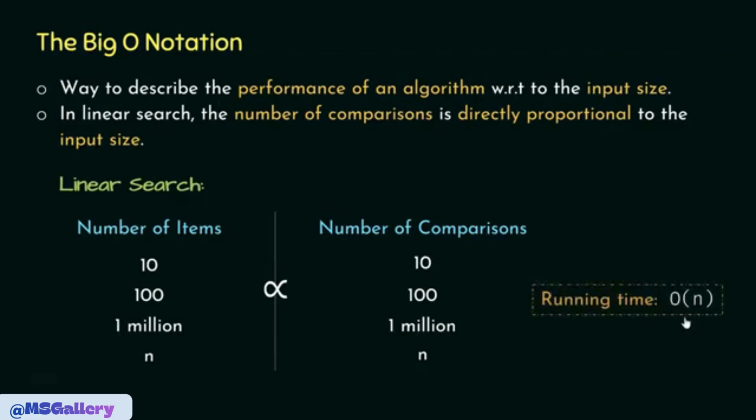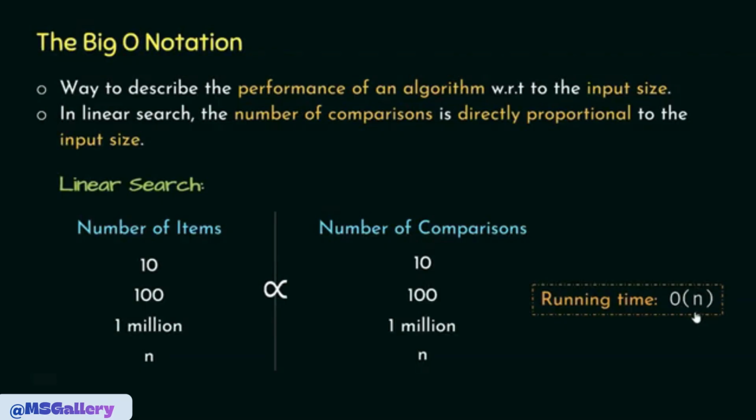Now what does this mean? Here, we are using Big O notation to describe the performance of linear search with respect to the input size. As the input size grows, linear search grows linearly. This means as the input size increases, the number of operations or the number of comparisons also grows linearly.